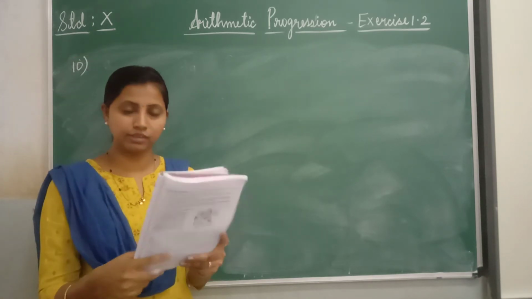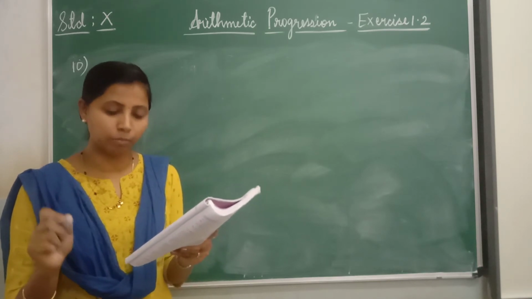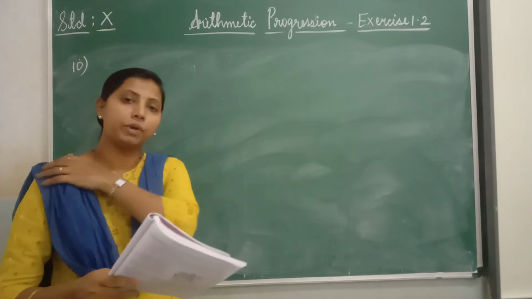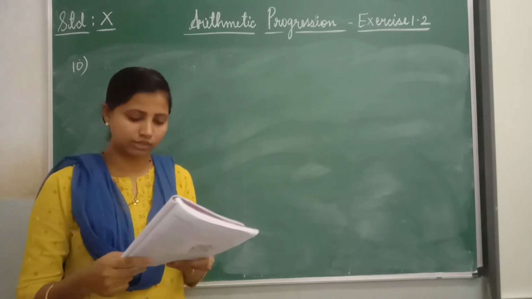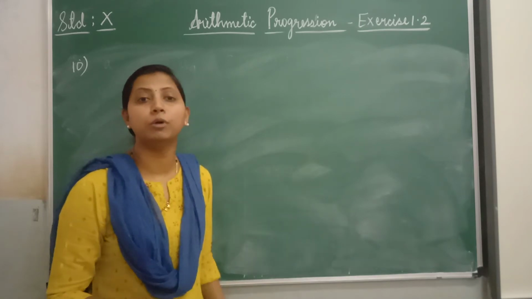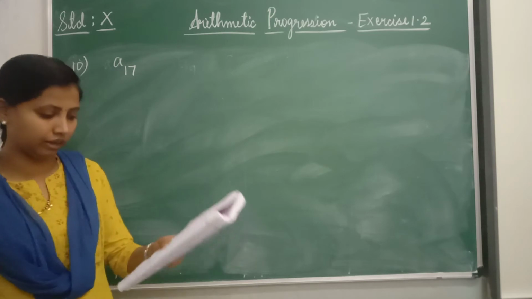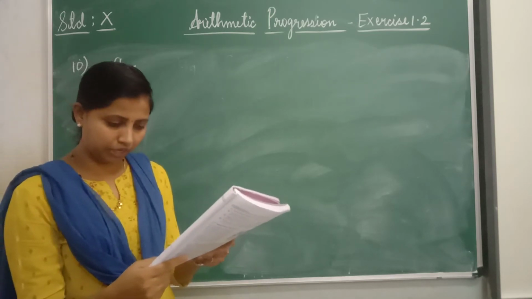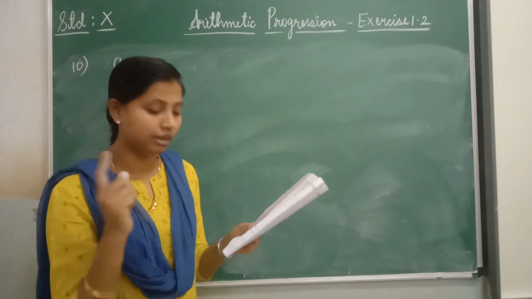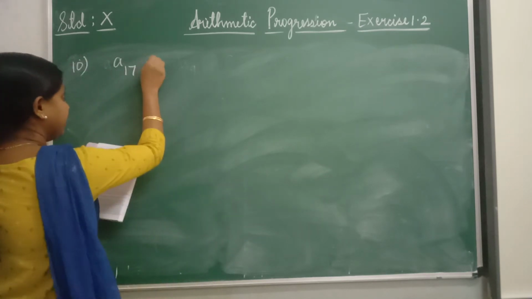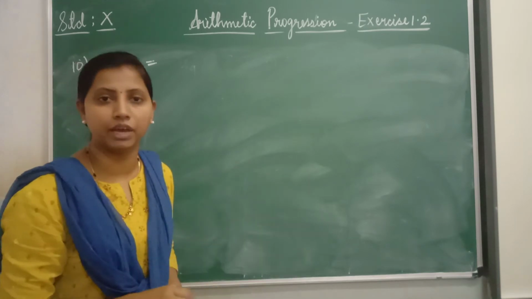The 10th question is: the 17th term of an AP exceeds its 10th term by 7. Find the common difference. What is given? The 17th term is A17. It exceeds its 10th term by 7.